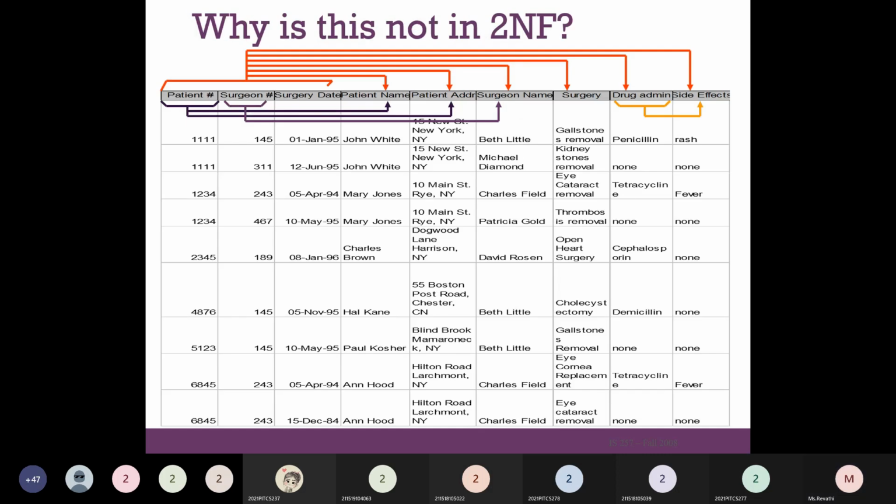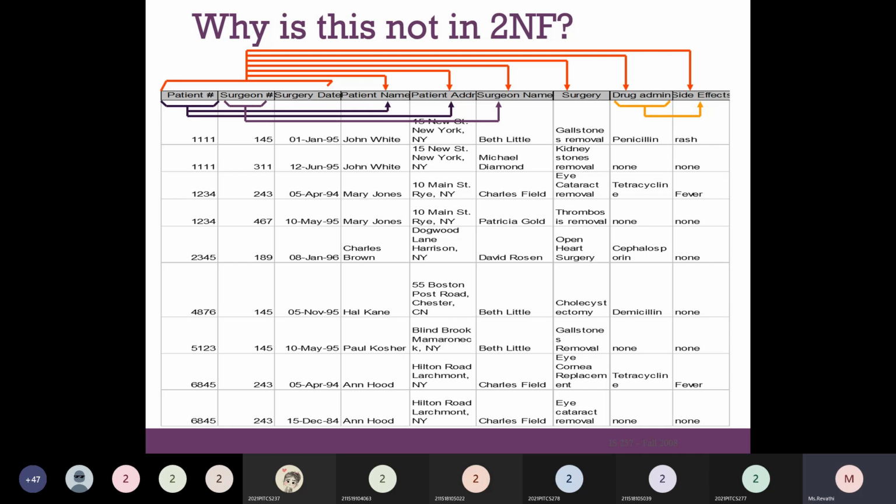So is this in second normal form? According to second normal form, what is the constraint? Every non-key attribute. Here, patient number and surgeon number act as the primary key. The combination of patient number and surgeon number has to yield the information about all other non-key attributes.